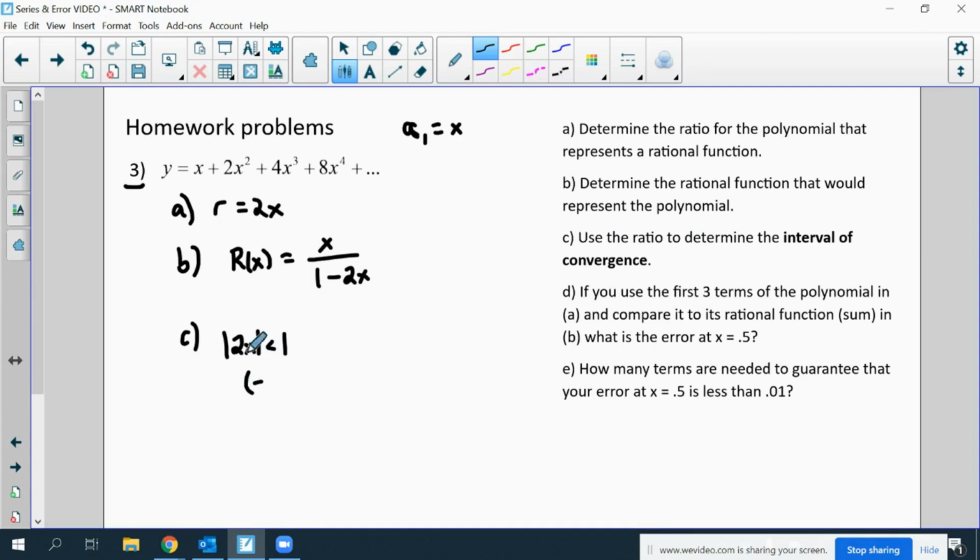The interval of convergence, if I write it as 2x is less than 1 but greater than negative 1, I find out that my interval is from negative 1/2 to positive 1/2. So now I'm going to start plugging in x equals 0.5. I want to use the first 3 terms of the polynomial, so that would be just these 3.